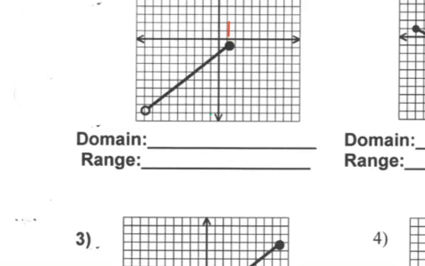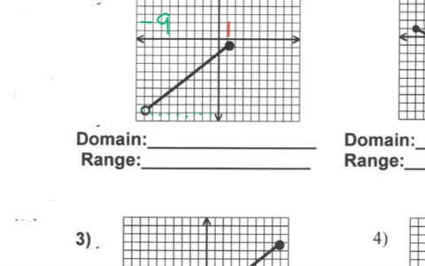So we've got 1, 2, 3, 4, 5, 6, 7, 8, 9. Our x value over here is a negative 9. And then our y value, well, let's finish our x first.